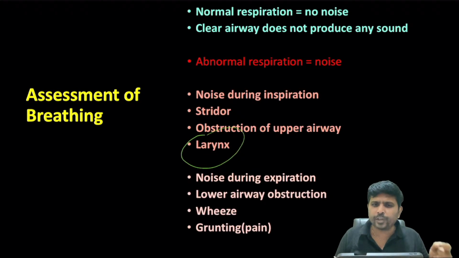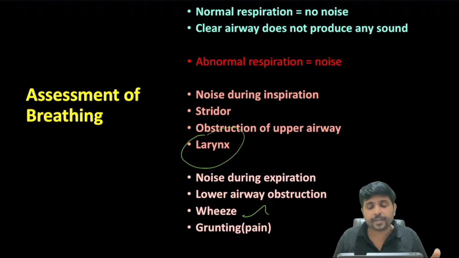Then comes your noise during expiration. It can be of two types. One is wheezing or grunting. Wheezing indicates expiratory airway obstruction, particularly it occurs in asthma, whereas grunting indicates that there is an alveolar damage. Most commonly it is pneumonia. And what is called grunting?